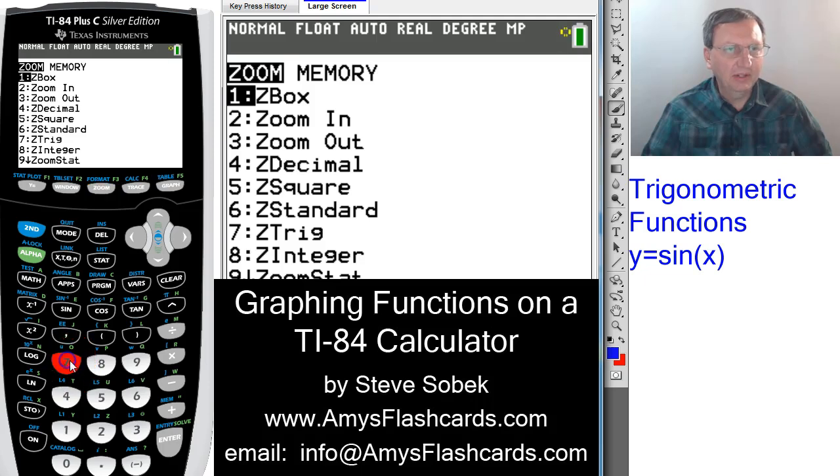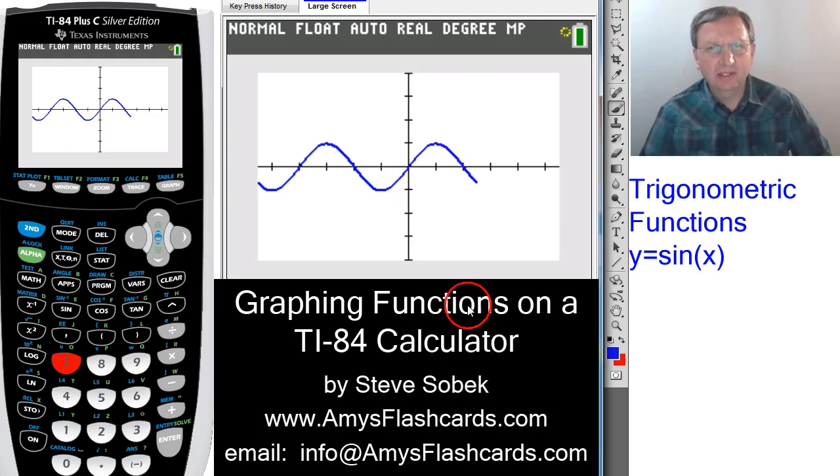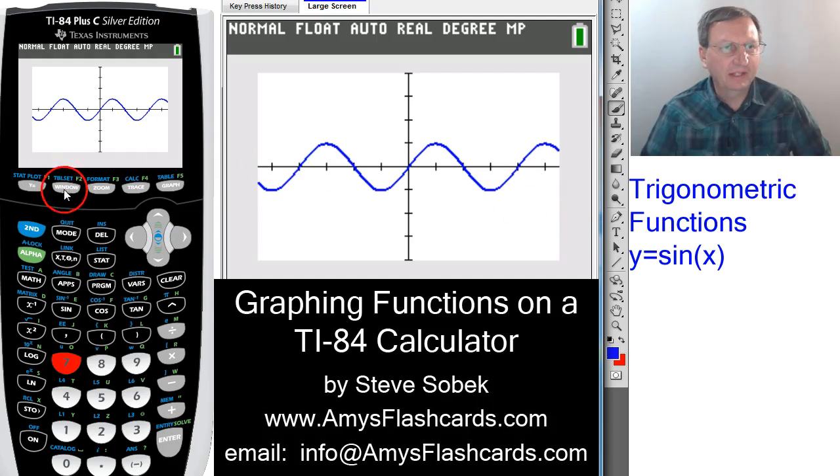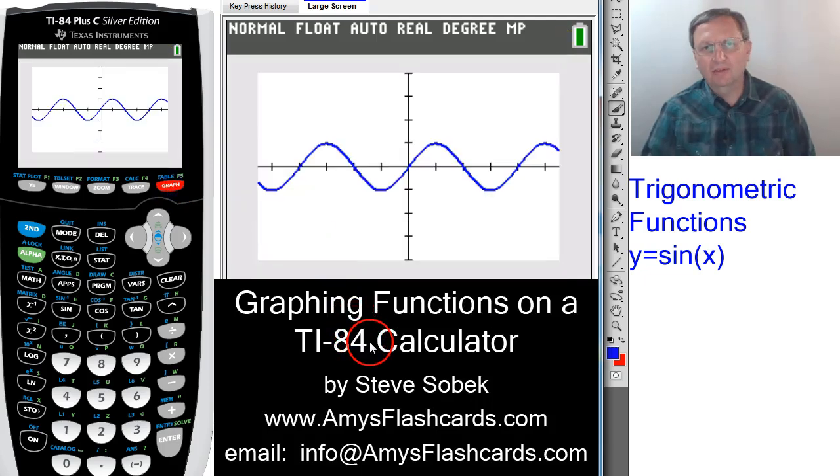In degree mode, it's going to go from about -495 to 495 on the x-axis, and you'll be able to see several full cycles of the sine graph. If I click the window button, you can see the -495 and the +495 is what it chose to give you that particular graph.